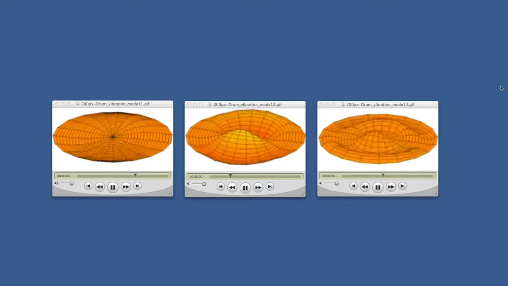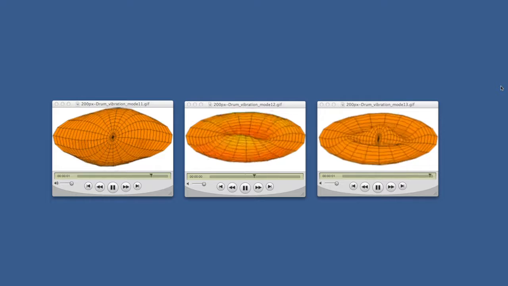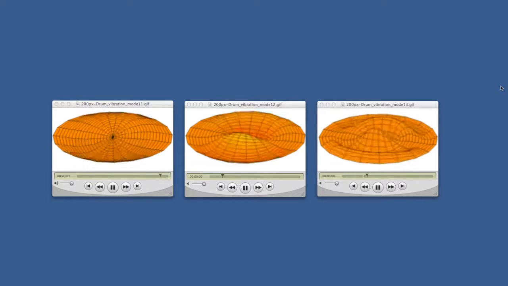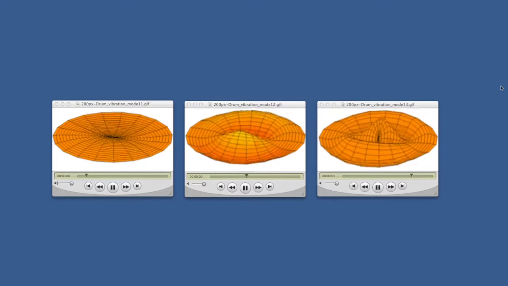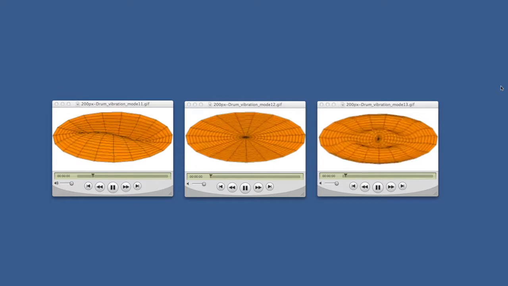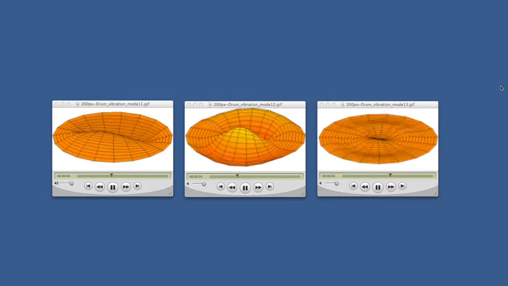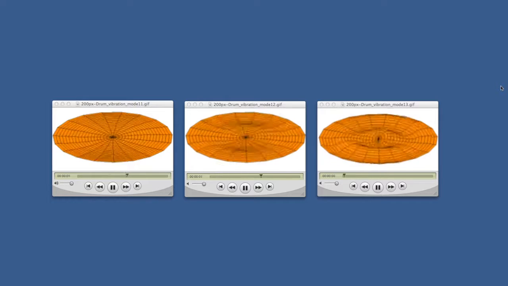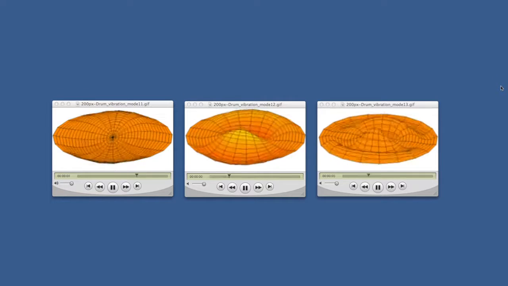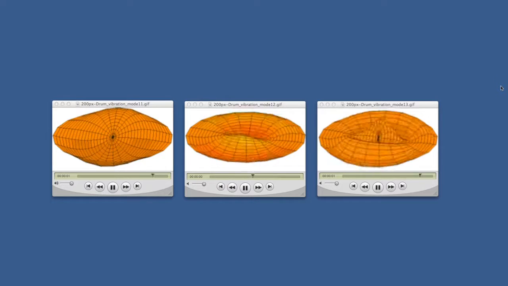Okay, so we are now animating the shapes of vibration of a drum head under more general conditions. So these are non-symmetric vibrations that have angular variation. And so these correspond to the azimuthal index that we had in the analysis, denoted by the math symbol m, integer m, m equals 1.